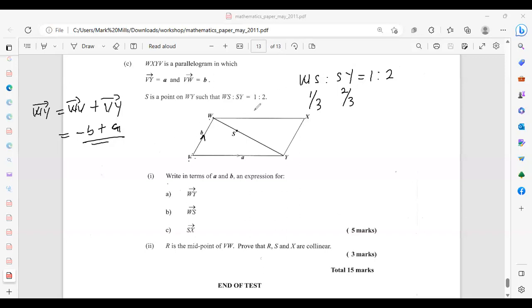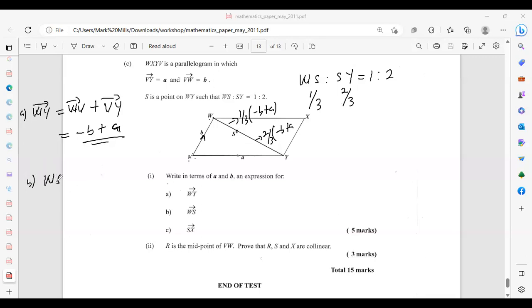Now, remember now, for WS, they say that WS and SY, so this side here is going to be 1/3 of the answer we got a while ago, negative B plus A. And this part here would have been 2/3 of the answer we got, negative B plus A. The second question they ask is WS.